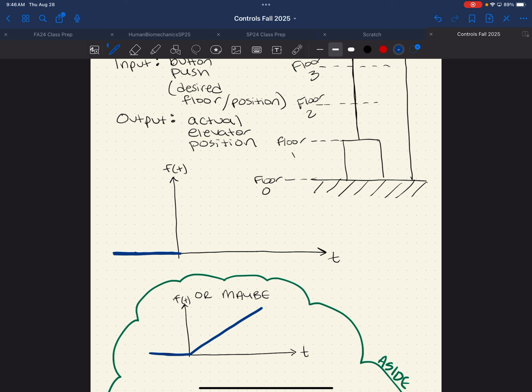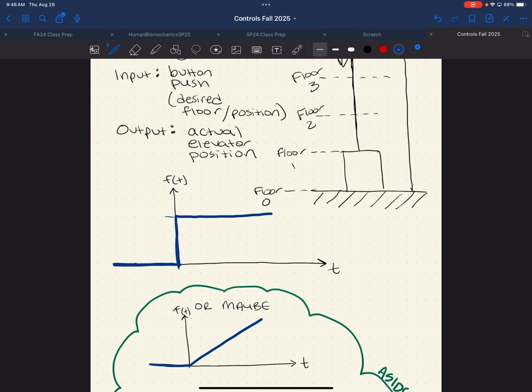Desired floor is just 0, where it's at, because I haven't told it otherwise. At time 0, which is the instant that I push the button, my desired floor jumps up to whatever floor I push. But for this thought experiment, we'll say this is just floor 1. Okay? So instantaneous jump. It is a non-continuous function.